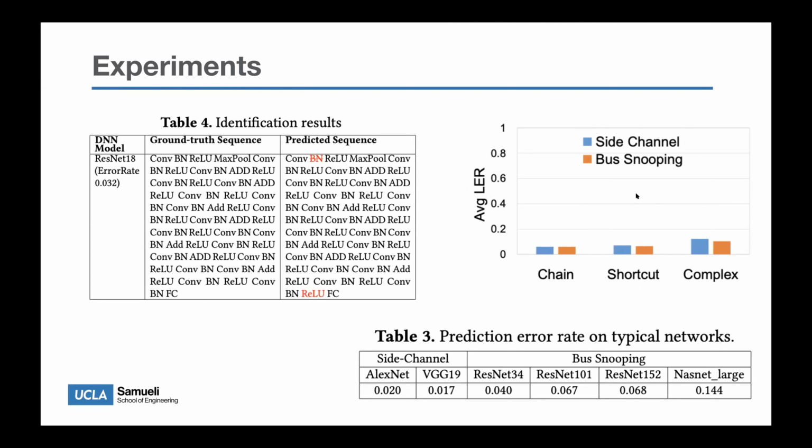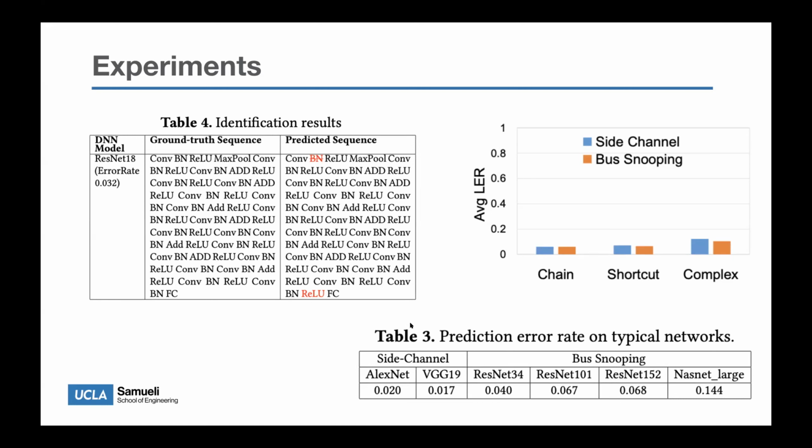We can see that both results are consistently low, and bus snooping is better than the EM attack. One thing I need to bring out here is that in the bus snooping attack, the attacker will have access to the memory trace.